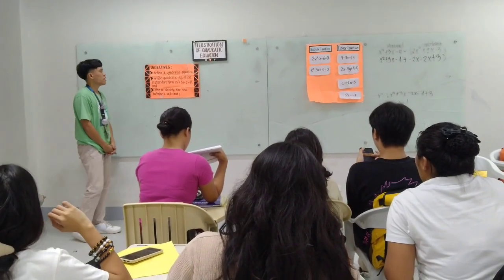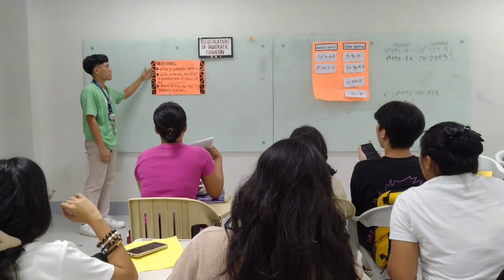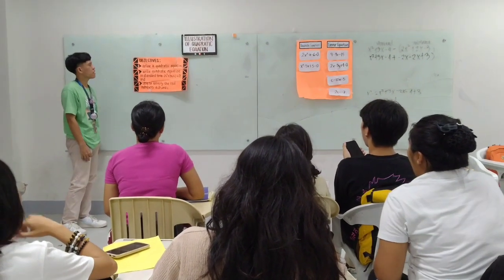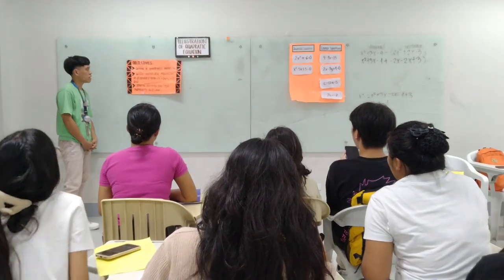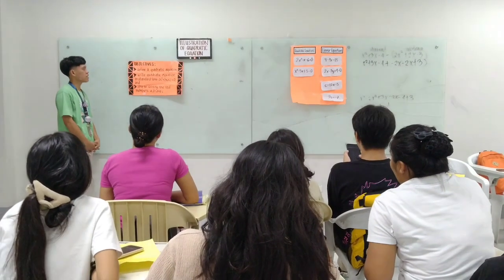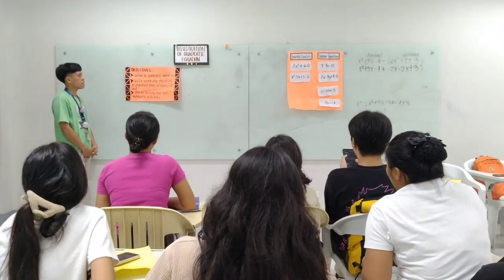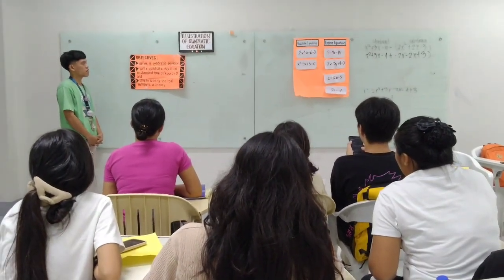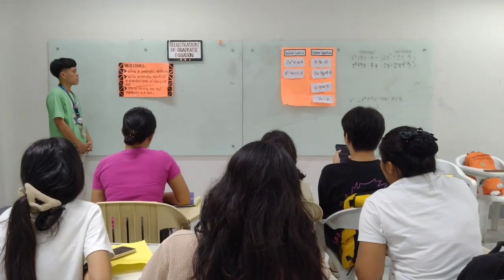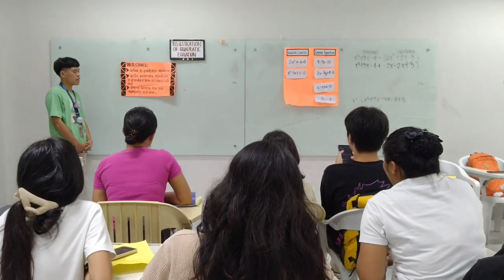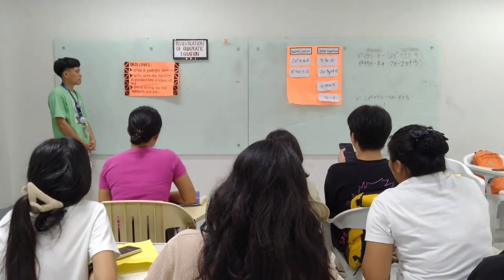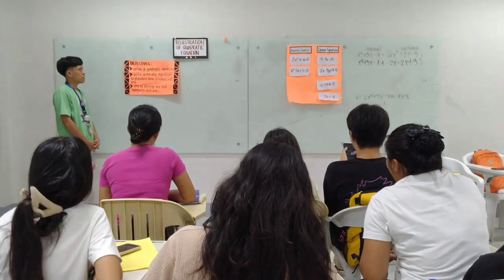Let's read our objectives for today's lesson. Read the first objective, everyone. Define a quadratic equation. Second, write a quadratic equation in standard form, ax squared plus bx plus c is equal to 0. And be able to identify the real numbers a, b, and c.